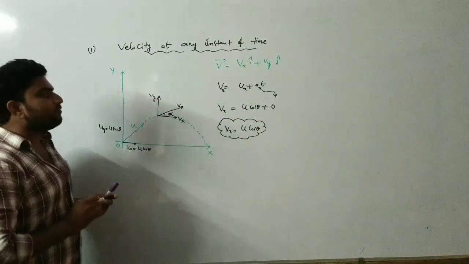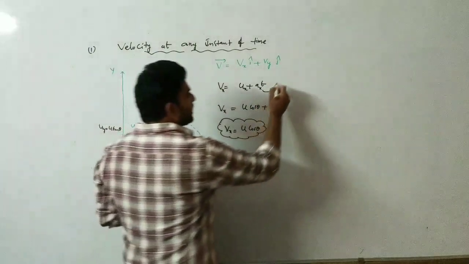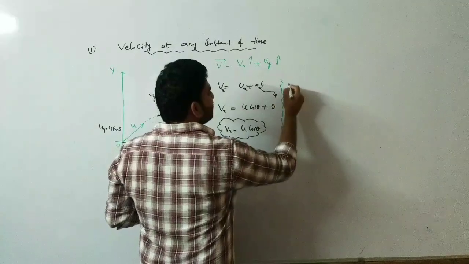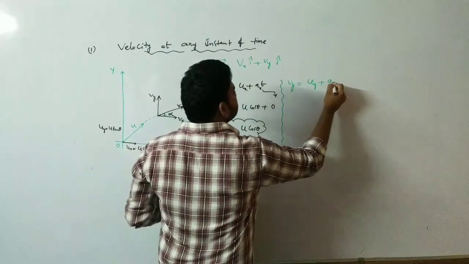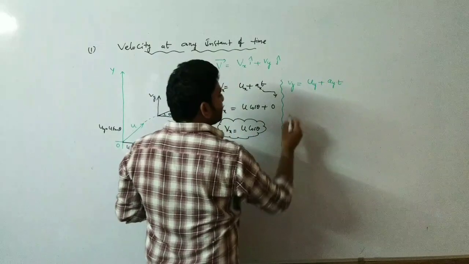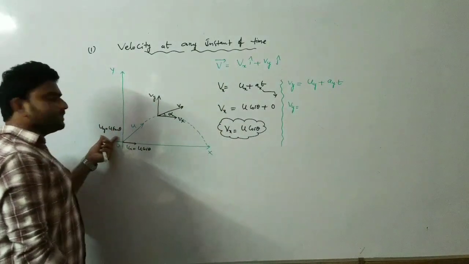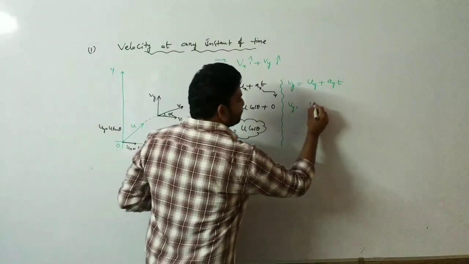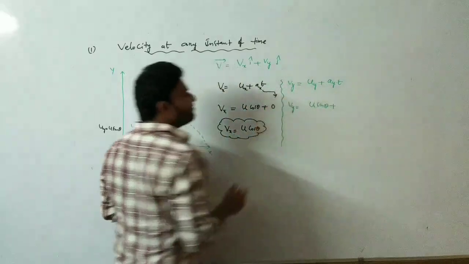And similarly I wanted to find out what? Velocity along the y direction. So if I calculate it, my vy becomes uy plus ay into t, and then what is the velocity in the vertical direction? That is u sin theta. U sin theta plus what is the ay value?